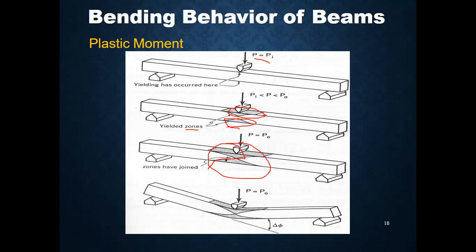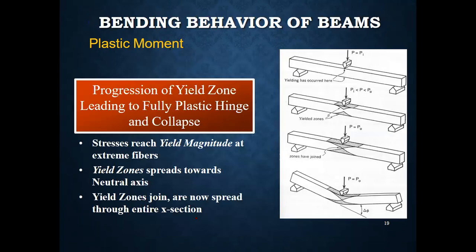Once these zones join, it ultimately leads to failure of the member, and we call this plastic moment failure, because we have seen the superposition of the yielding of two zones, the compression zone and the tension zone.